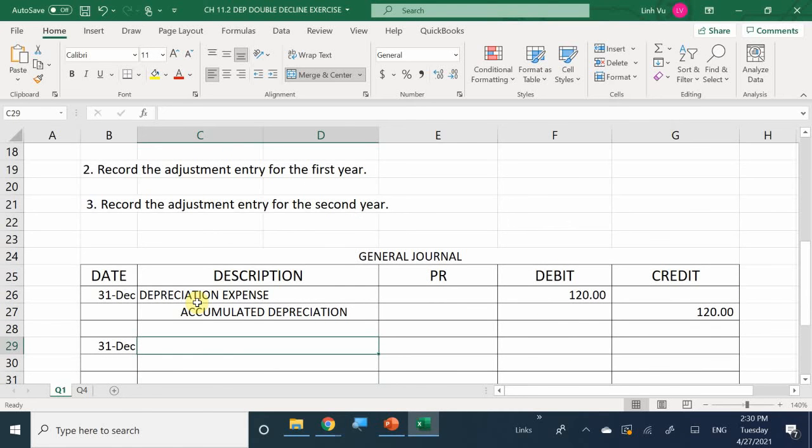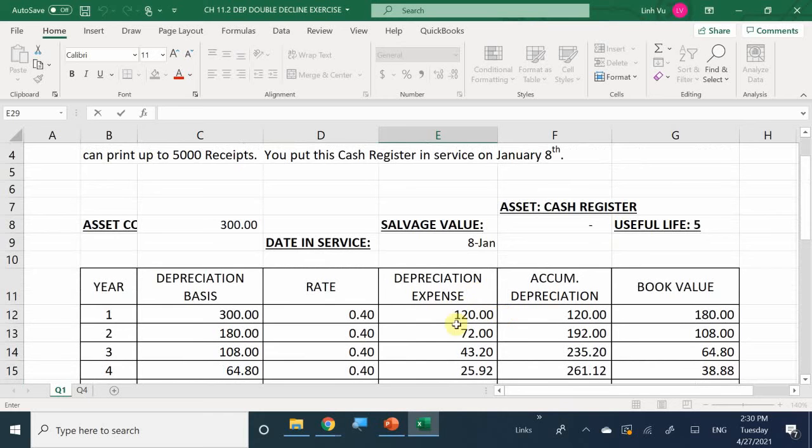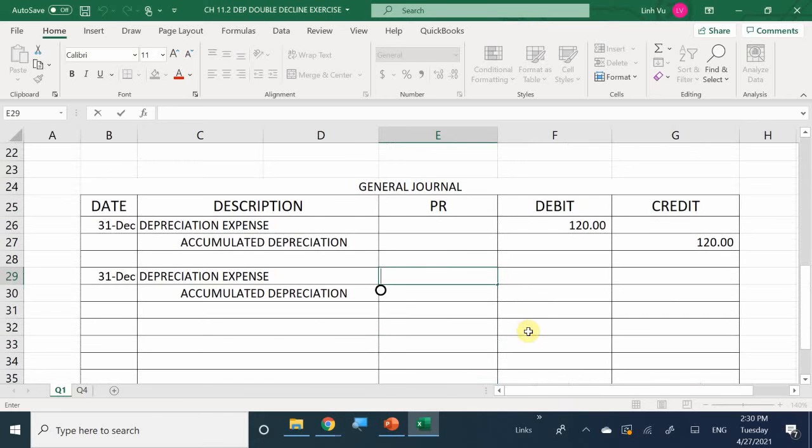You'll have the same descriptions, depreciation expense and accumulated depreciation, and you would use your second year's $72. You would debit your depreciation expense for $72, and you would also accumulate that $72. Excellent. Any questions in questions 1 through 3?